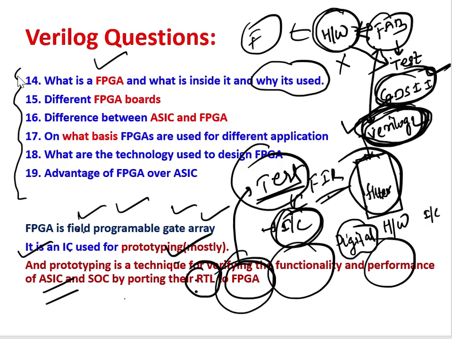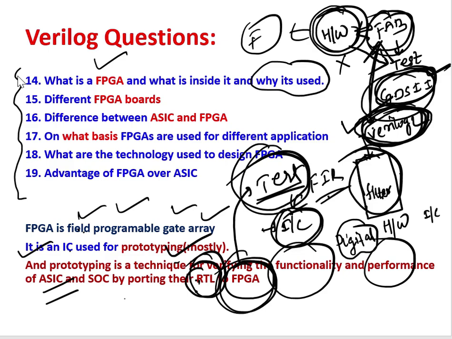And once everything is done, at the end of this VLSI design cycle, they generate the GDS2 file, and that file is sent to fab, and from the fab we get the hardware. So this porting of your RTL or Verilog code to FPGA to test the functionality of your design before it is sent to fab is called prototyping.